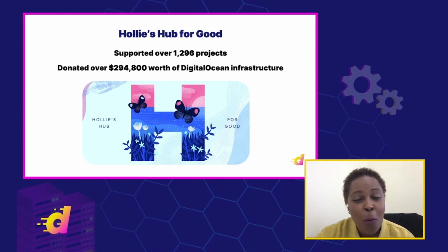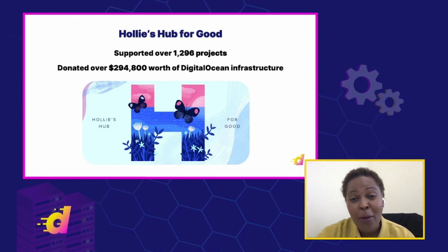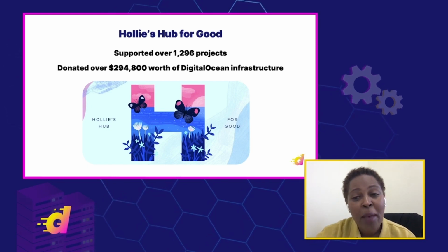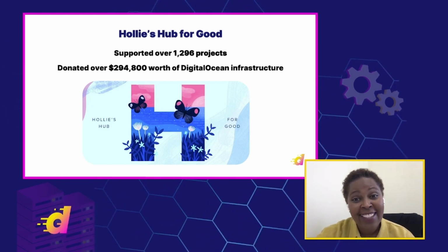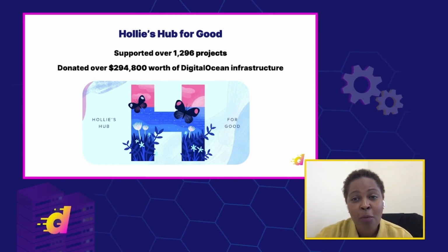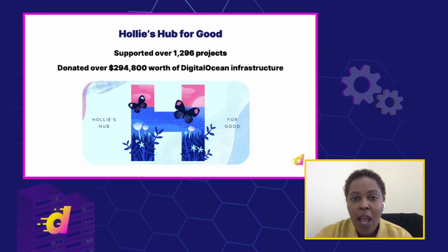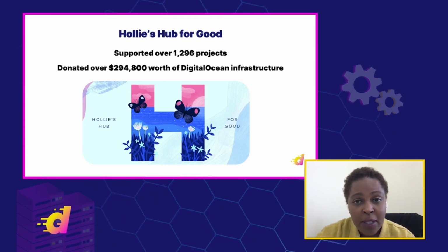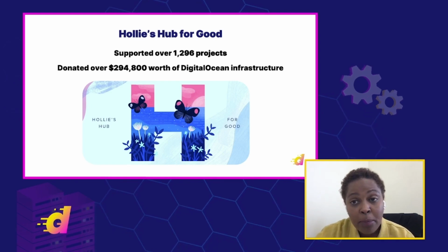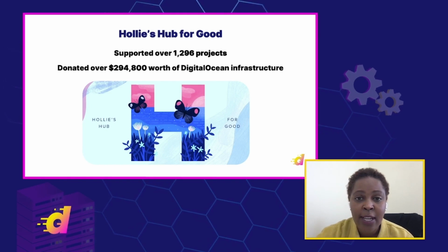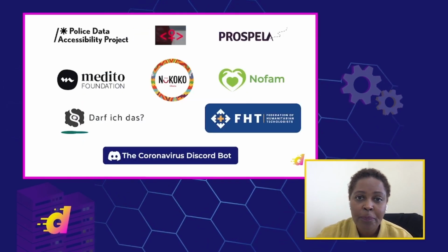We are allocating 1% of our pre-IPO equity valuation, around $50 million, to expand Holly's Hub for Good for the next 10 years. Since our launch, we have sponsored almost 1,300 projects. And moving forward, Holly's Hub for Good will include projects to help bring more people into tech, step up our commitment to open source software, and be the vehicle to ensure our sustainability moving forward.